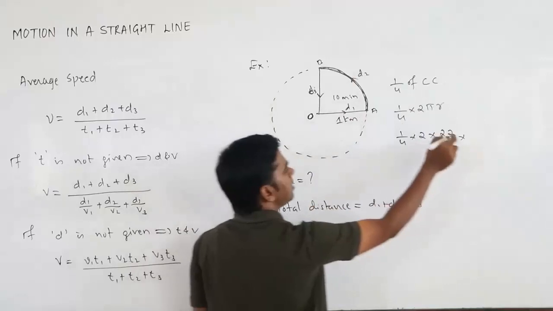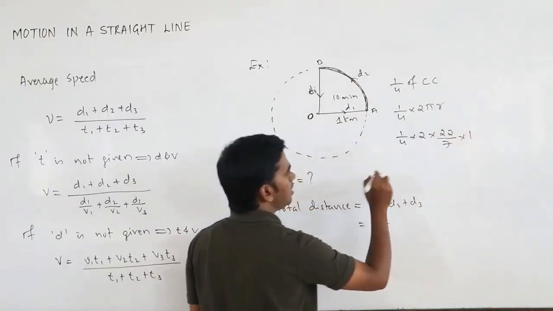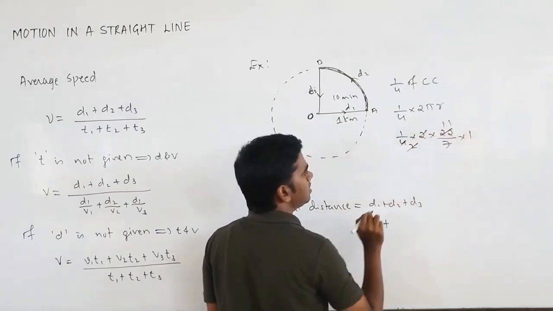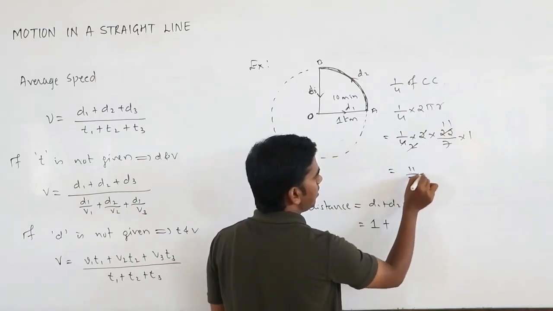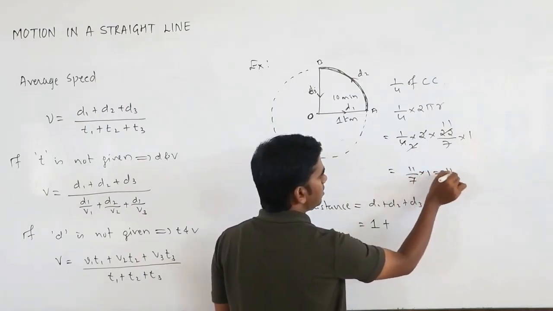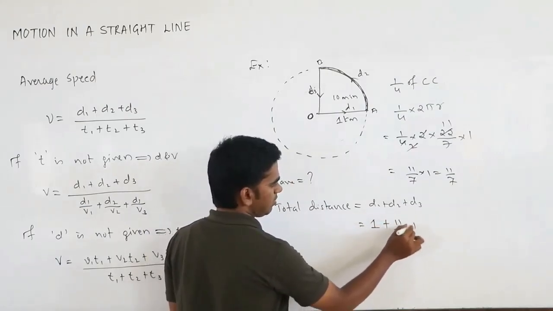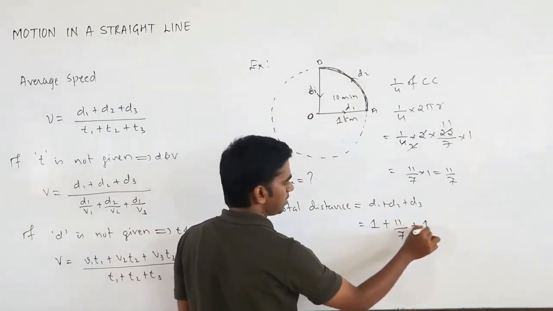Radius is 1 kilometer. So 2 will get cancelled, 2 ones are 2, 2 elevens are 22, so you will get 11/7 into 1. That means 11/7. So D2 is 11/7, plus D3. D3 is the radius, 1 kilometer.